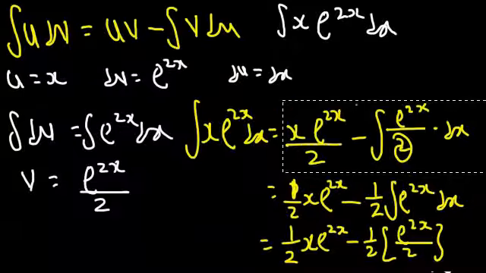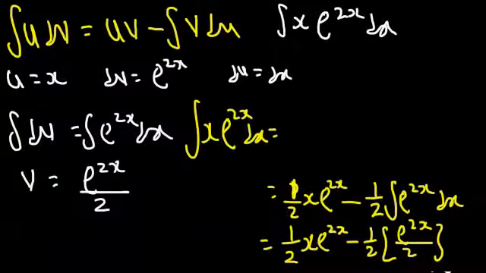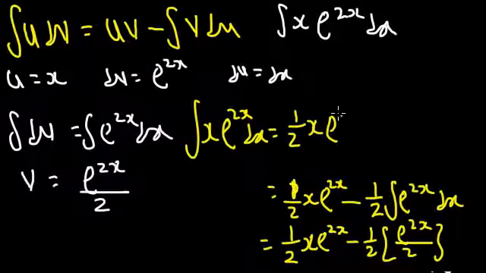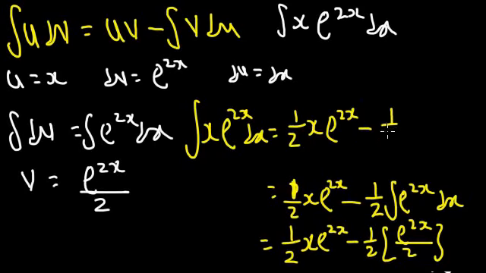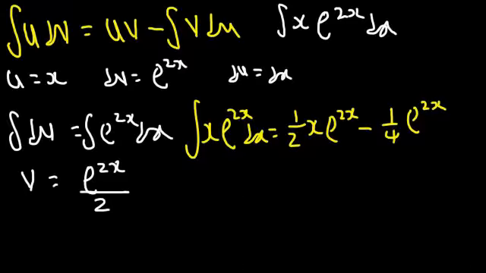So now we can write our final answer. The final answer would be 1 over 2 x e to the power of 2x, minus, when this half multiplies its product, we have 1 over 4 e to the power of 2x. If you want, you can factorize 1 over 2 e to the power of 2x outside, so you can get a clear picture.